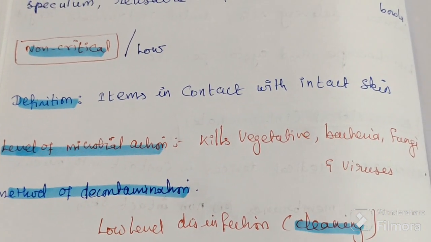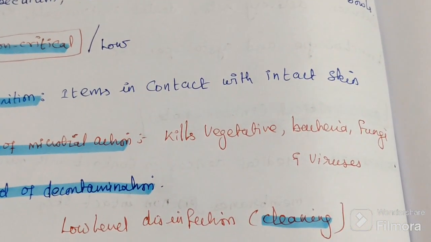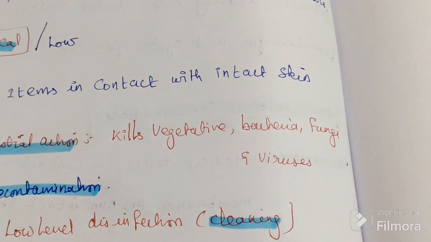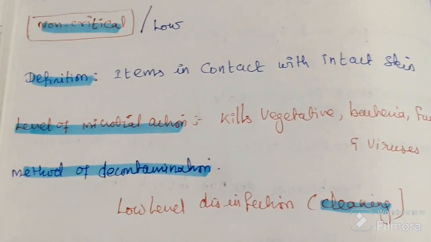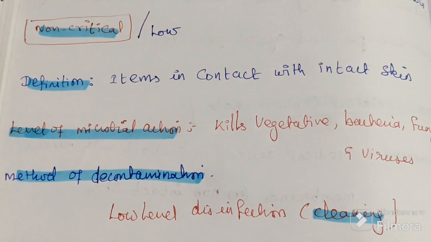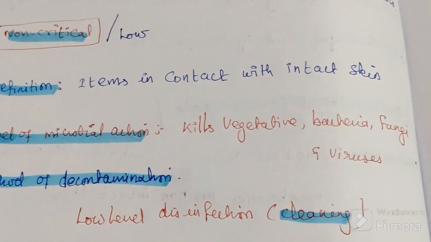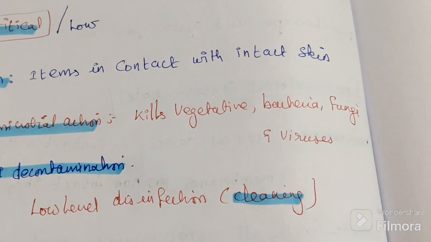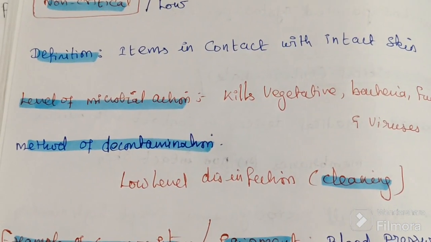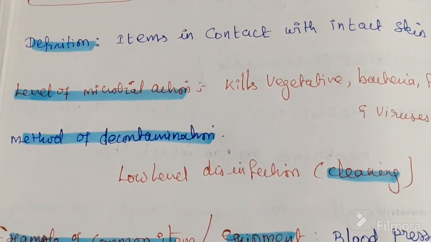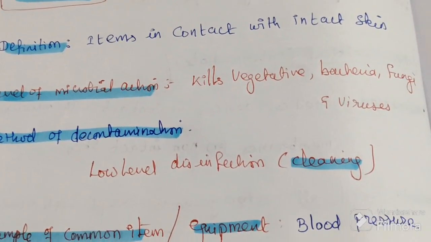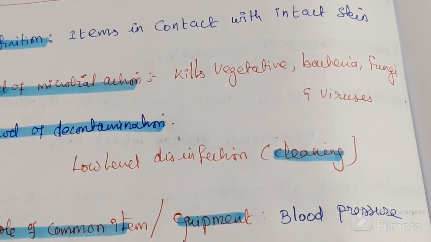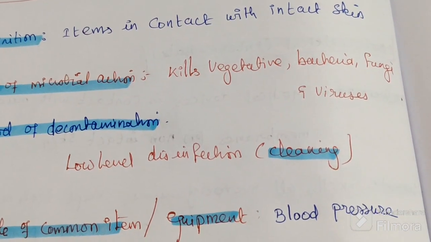Then the level of microbicidal action: it kills vegetative bacteria, fungi and viruses. Then what is the method of decontamination? Low level disinfection, cleaning.